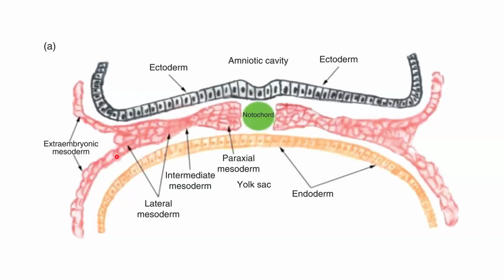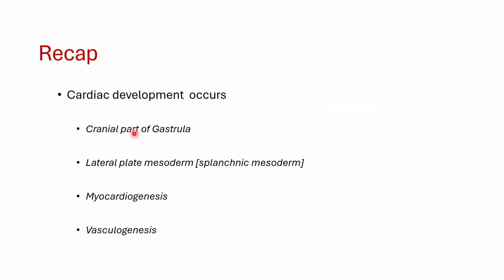And it's in this portion of the lateral mesoderm, the visceral portion, where the heart cells originate from. So essentially, cardiac development occurs in the cranial part of the gastrula, in the lateral plate of the mesoderm, and it's formed from a process of myocardiogenesis and vasculogenesis.